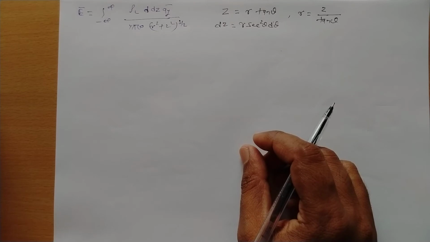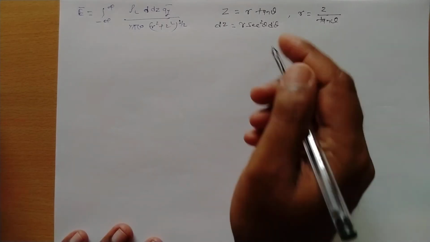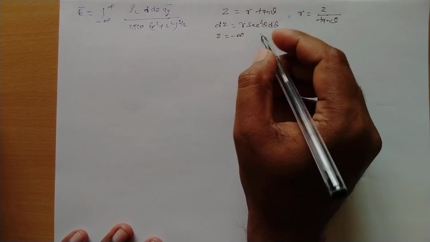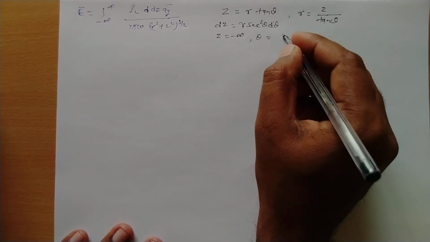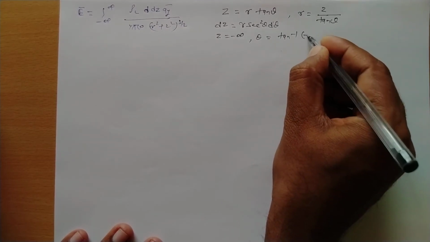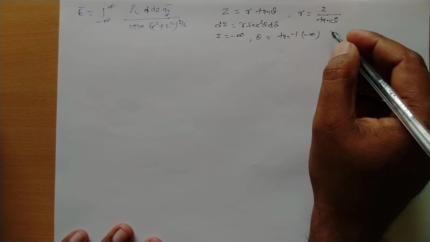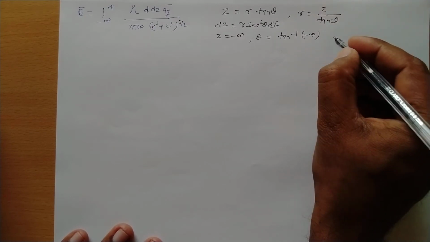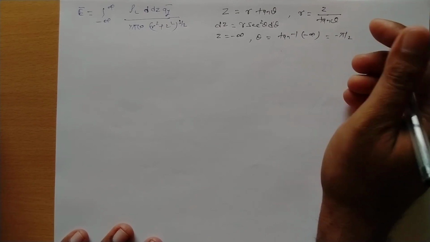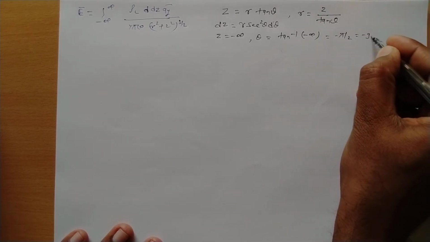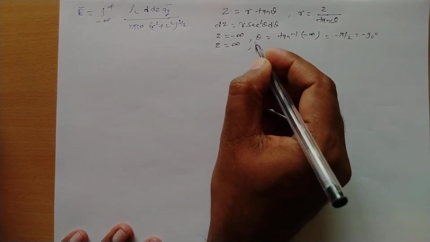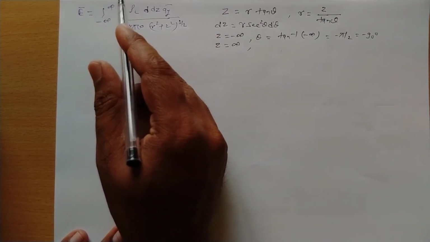And about the limits: if z is equal to minus infinity, then theta will be equal to tan inverse of minus infinity, which will be equal to minus pi/2, or minus 90 degrees. Also for z equal to infinity, because the limit varies from minus infinity to plus infinity.